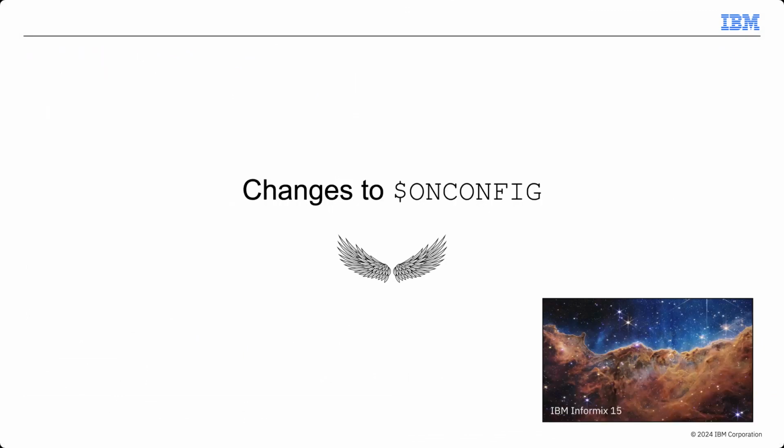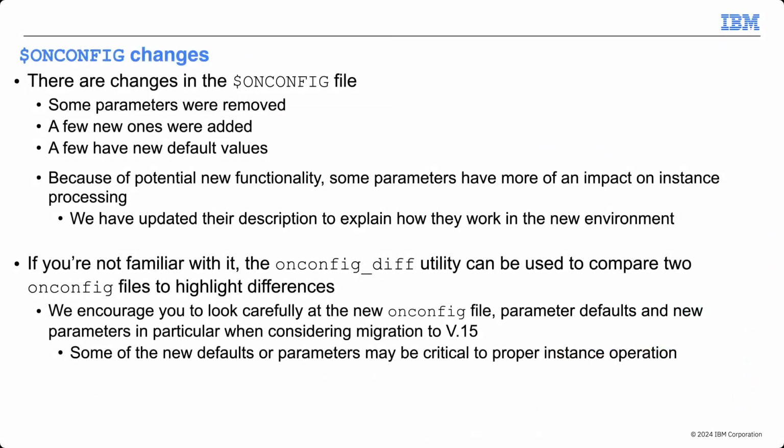Okay. So did anything change in the onconfig? Well, yeah, there were a number of changes in the onconfig. Some parameters were removed, some new parameters were added, and some have new default values. And these default values are critical in the new version of the engine.